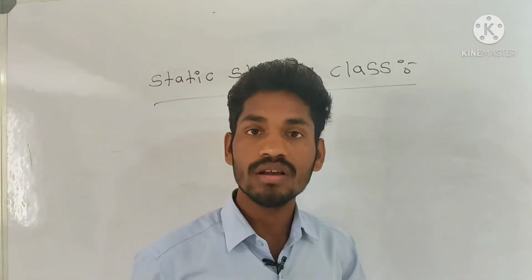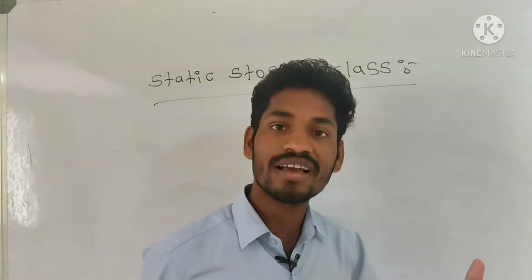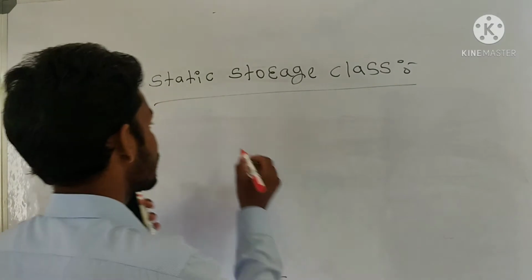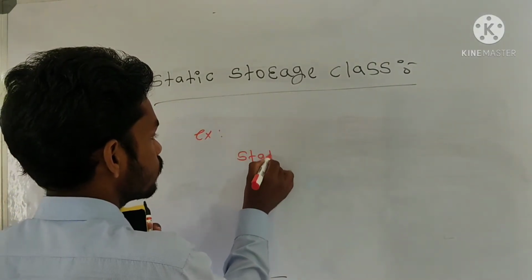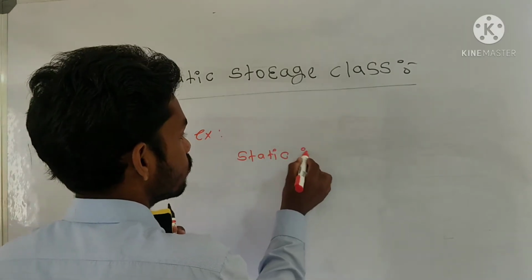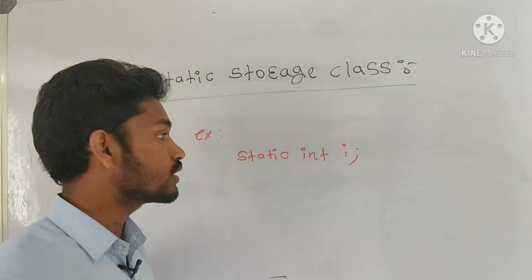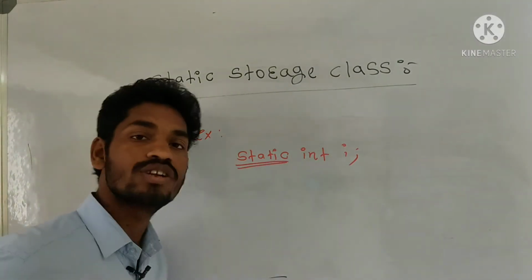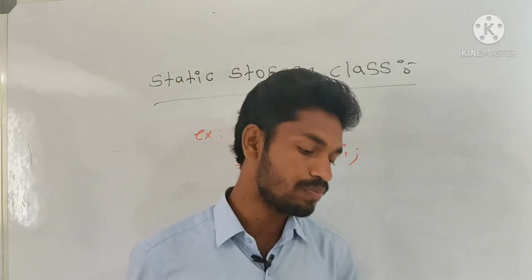A static variable means a variable which is declared with the static storage class specifier. Those variables are called static variables. Example: static int i. A variable declared with the static storage class specifier is called a static variable.